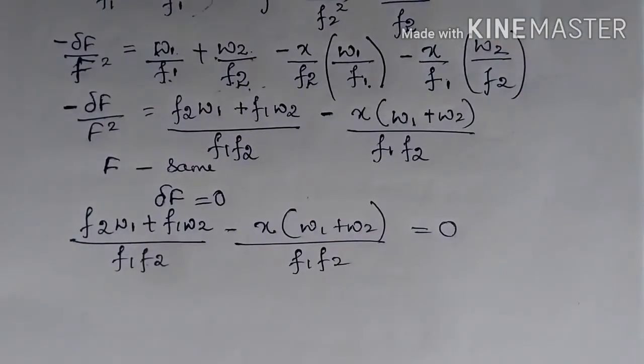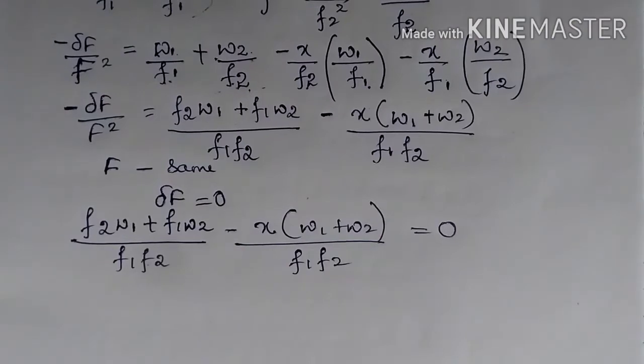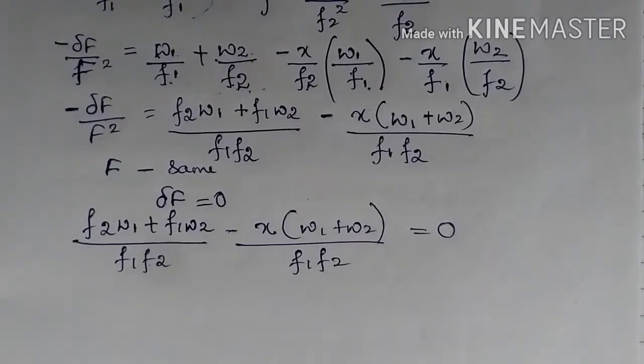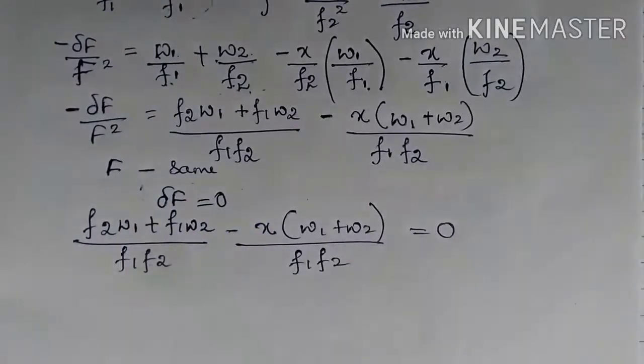So why have we taken 0 here? Because we are considering the achromatic combination. To eliminate chromatic aberration, we will use two lenses wherein the focal point for the violet ray and the red ray will be the same. So the change in f will be 0, that is, delta f is equal to 0.